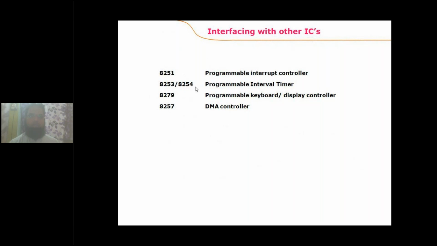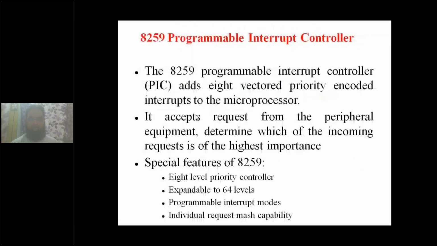Whenever the devices want the service of the processor, they send an interrupt signal to the processor. After getting the interrupt signal, the 8086 processor will accept that interrupt and then give its service to the IO device. Okay, so this is not 8251, this is 8259.